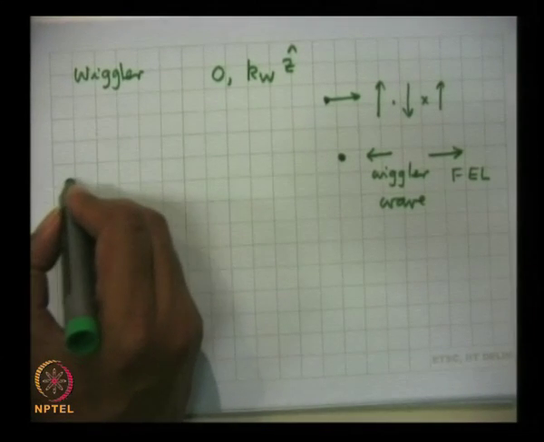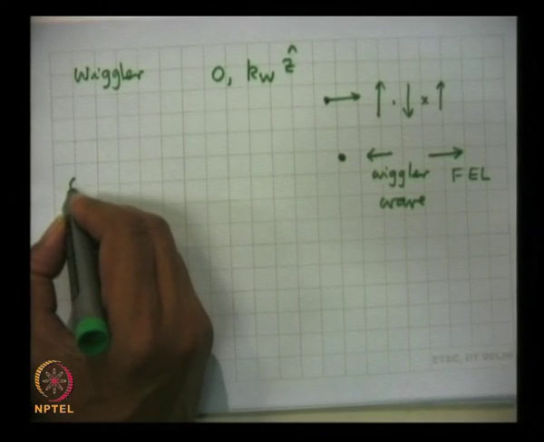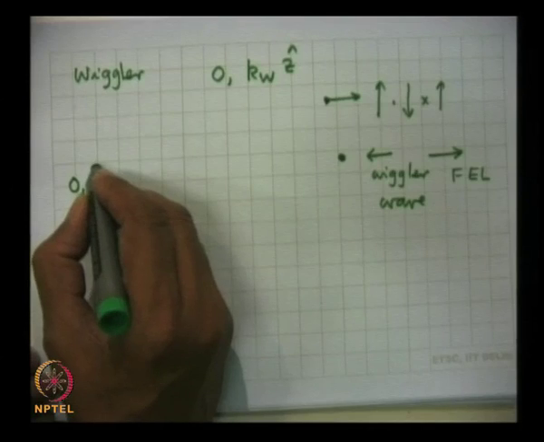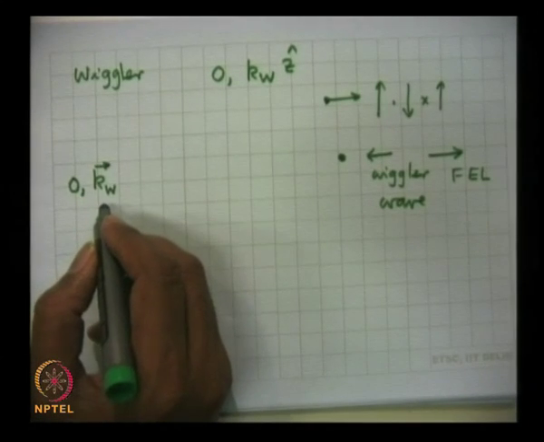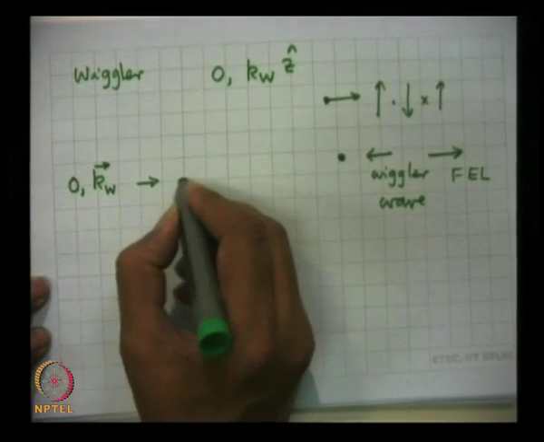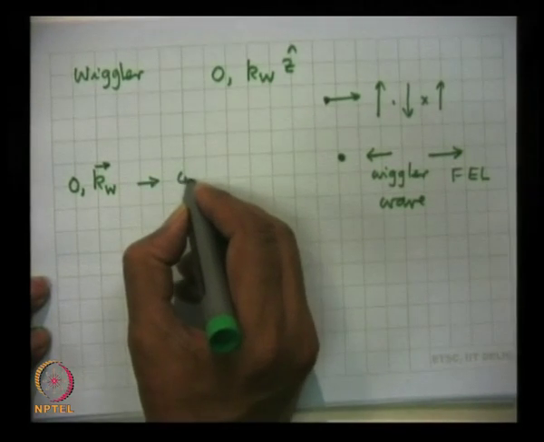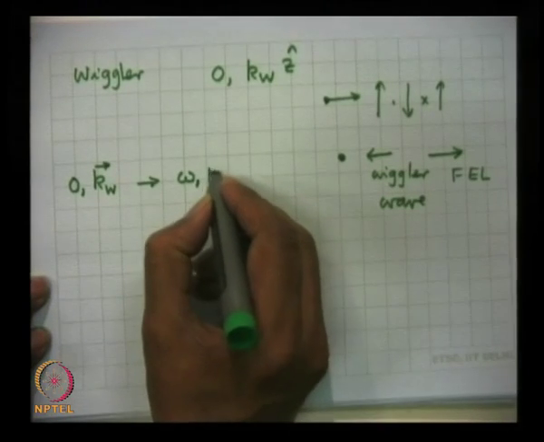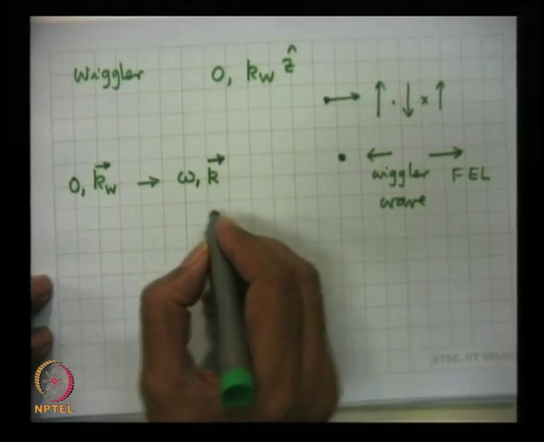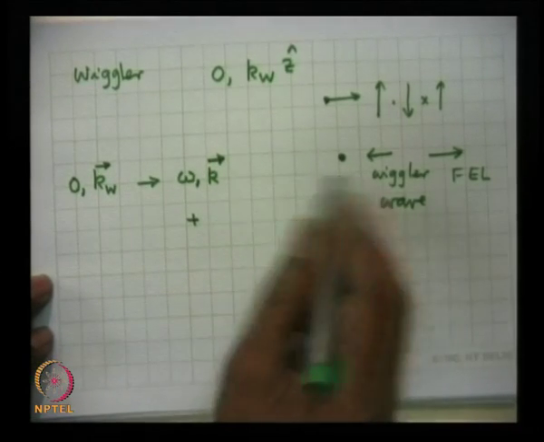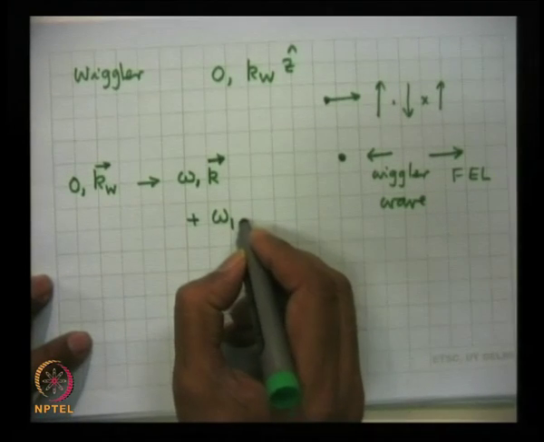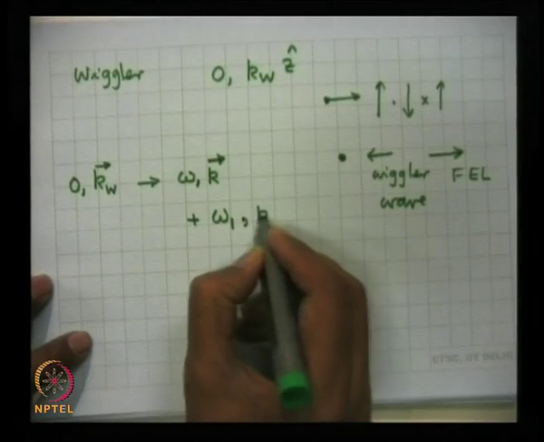Suppose I consider my wiggler of frequency 0 and wave number kW as a quasi photon of 0 energy and finite momentum. It is exciting a beam space charge mode of frequency omega, wave number k, plus it produces a free electron laser photon or radiation of frequency say omega 1 and wave number k1.